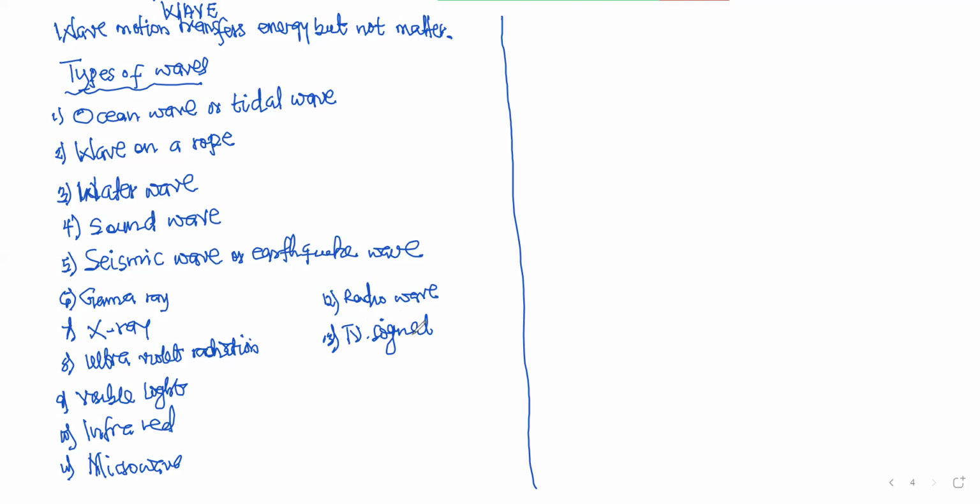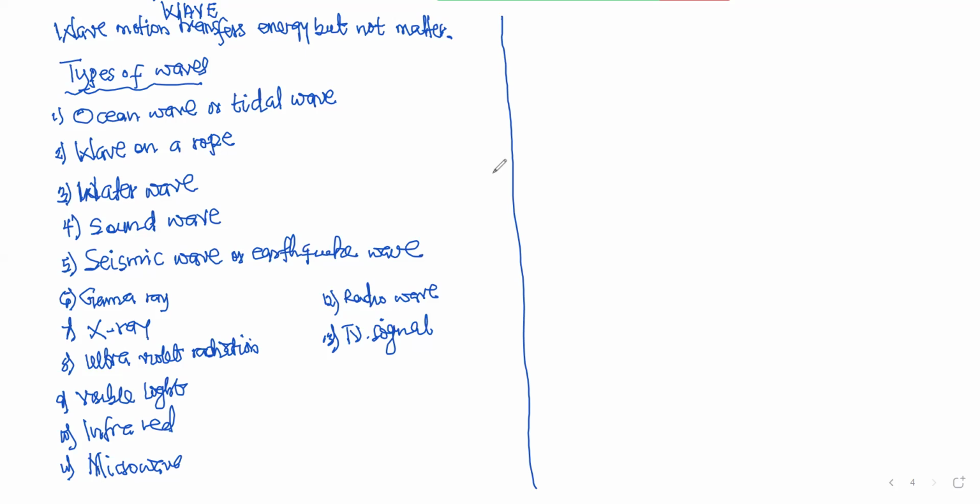Water wave. How is water wave different from ocean wave? You see, when you drop a pebble or a stone in water, that circular thing which is created on the surface, when you put water in a basin or bucket, and then you drop a stone, that circular round thing formed on the surface is water wave.